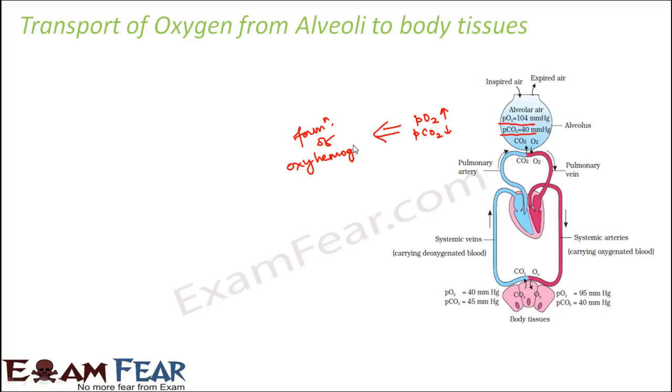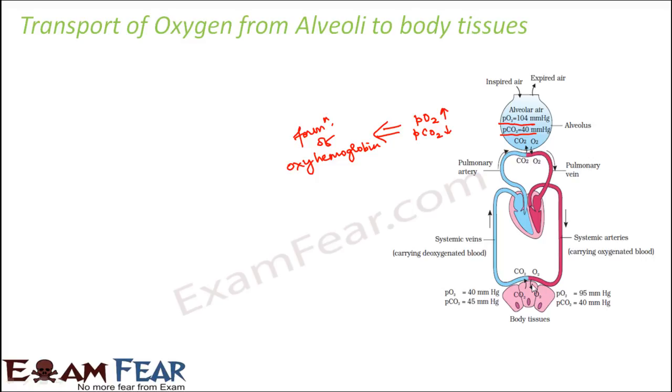That means oxygen will bind with hemoglobin to form oxyhemoglobin. Oxygen gets into the blood and oxyhemoglobin is formed. Now in the oxygenated blood, oxygen is basically carried in the form of oxyhemoglobin.